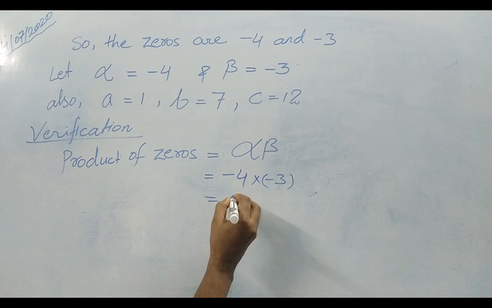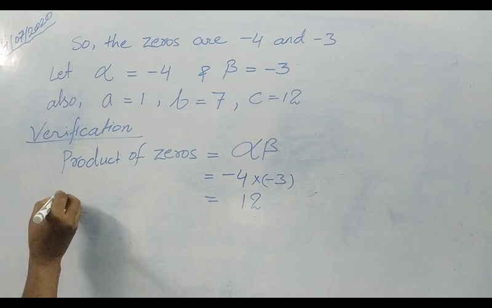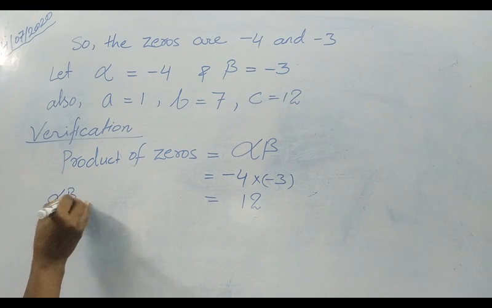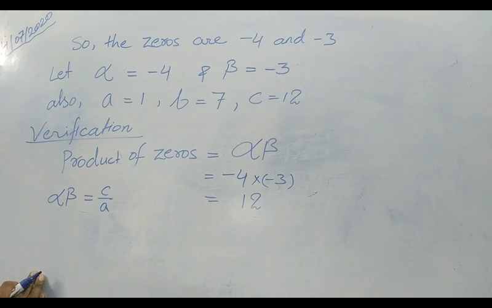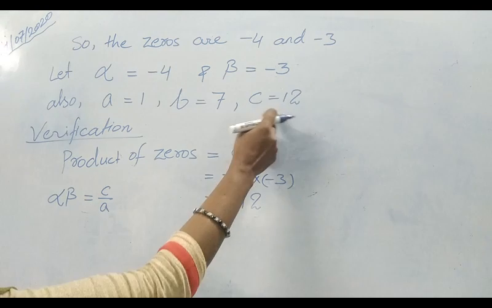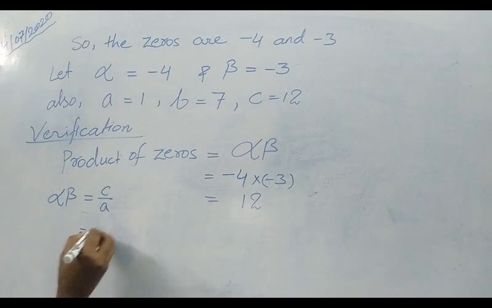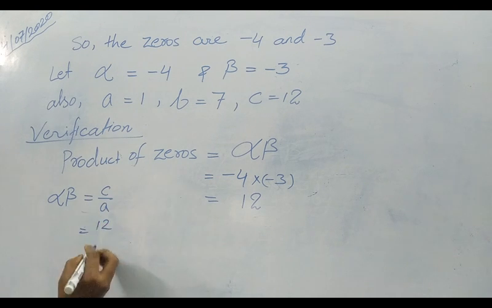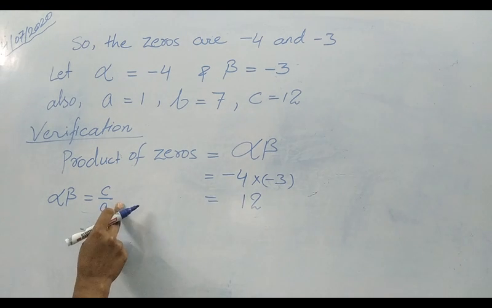When you multiply them, you get 12. Now remember one thing, in the previous video we have learned that alpha into beta is equal to c by a. Just try to find out the value of c by a from here. c is equal to 12 and a is equal to 1. Again the same value, that means it will be equal to c by a.